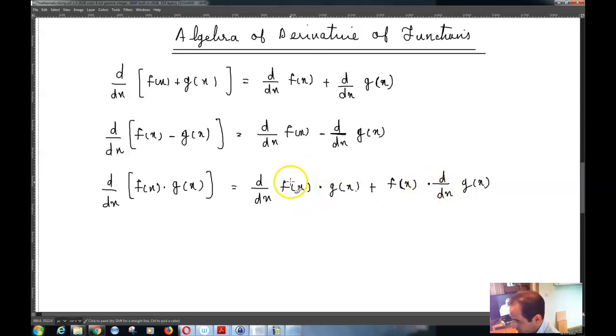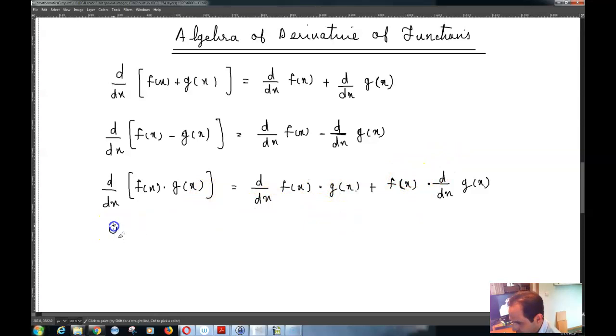So the derivative of the first function times the second function plus the first function times the derivative of the second function. And the derivative of a quotient of two functions is given by the following quotient rule whenever the denominator is not equal to 0.